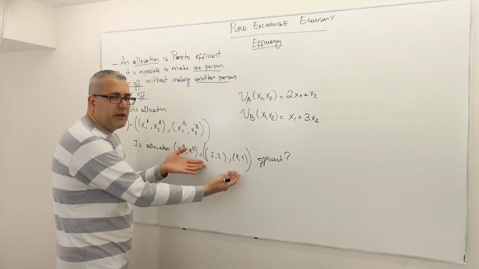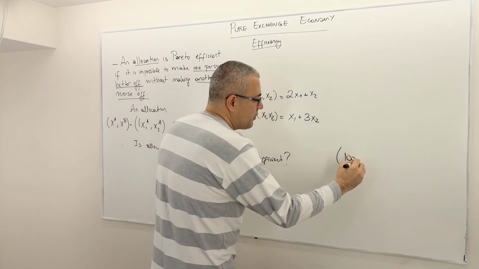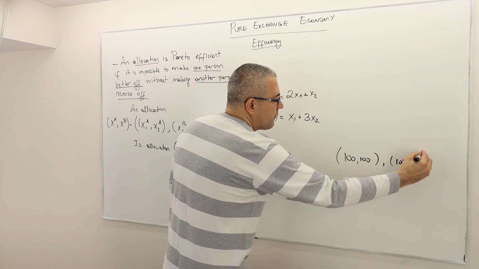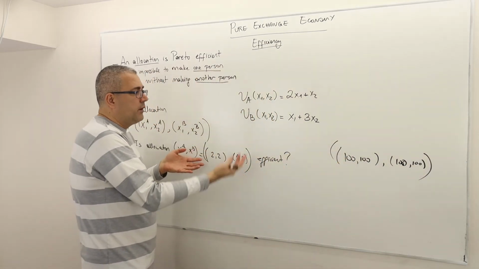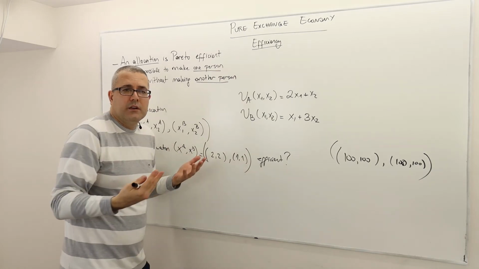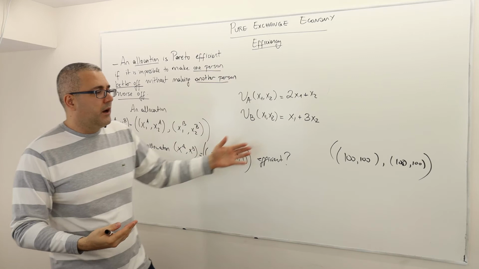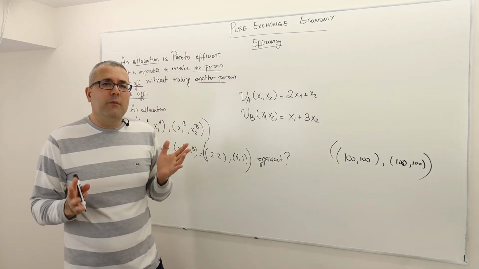For example, if you compare this allocation with the allocation (100, 100), (100, 100), clearly this allocation is going to bring both of these guys much higher utility. So therefore it is possible to make both agents happier. But hey, there's one problem here.